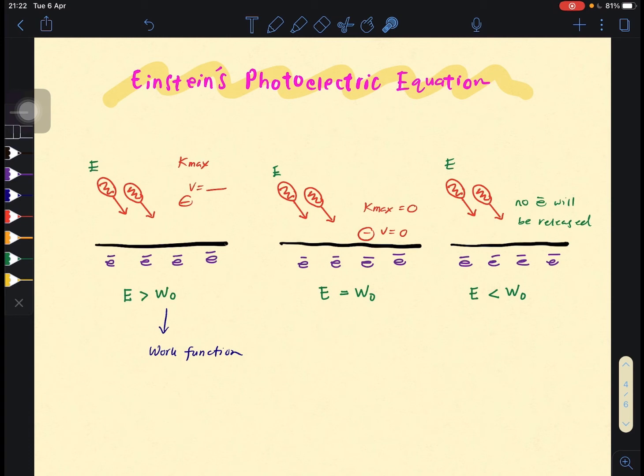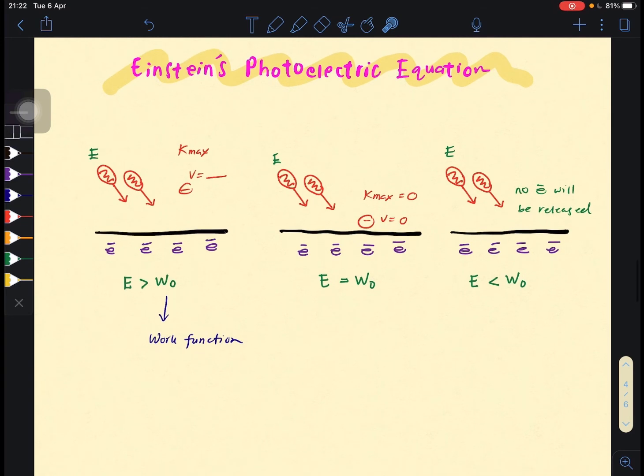What do before and after mean? We just assume this phenomenon is a collision, because these are particles, and a particle collides with the particle here. So before and after the collision, energy must remain the same. That is conservation of energy.